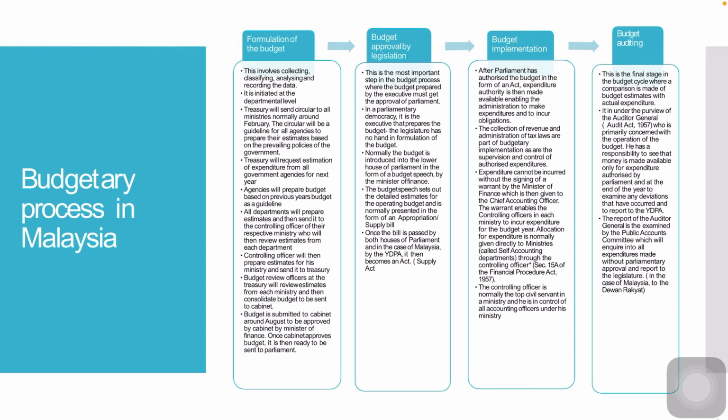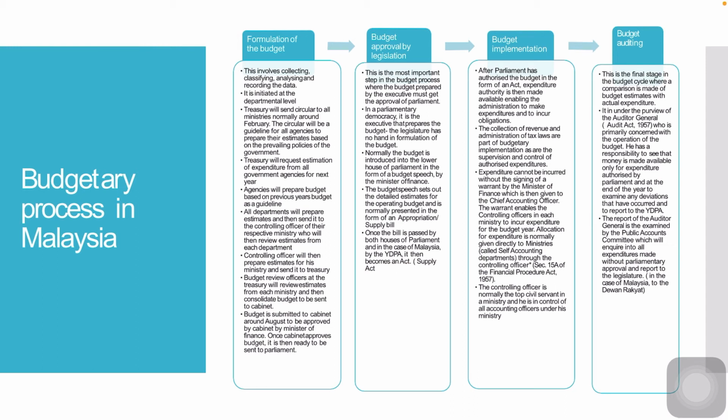And last but not least, the budgetary process adalah budget auditing. So bila you dah belanja, at the end of the day you kena buat audit. So this is the final stage in the budget cycle, where a comparison is made of the budget estimation dengan actual expenditure. So according to the Audit Act, who is primarily concerned with the operation of the budget?